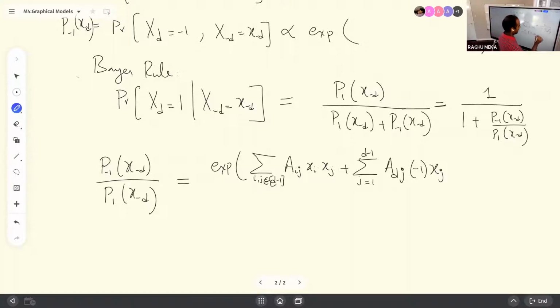Okay, and then I have the linear terms. I'm separating this sum as indices that are coming from 1 through d minus 1 and the dth index, and I get this expression. Right? Any questions? And I get the same thing in the denominator.